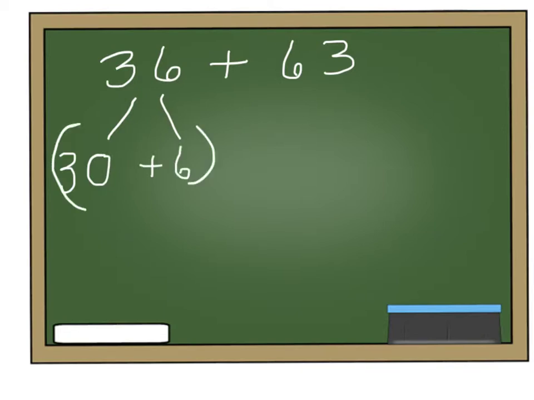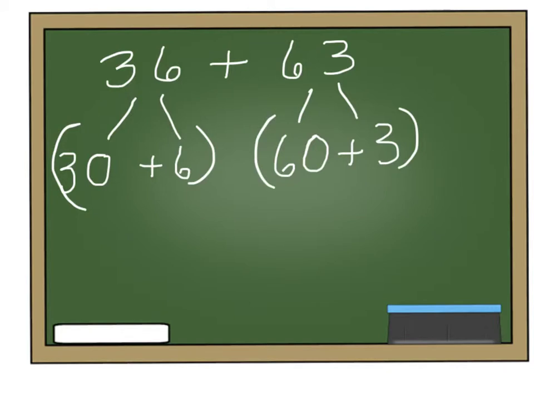And I put those parentheses around just to help me remember that those two numbers make a number bond for 36. We're going to do the same thing with 63. Pull that apart by place value. Get our tens out first. We have 60 because we have 6 groups of 10. And we have 3 because we have 3 groups of 1.